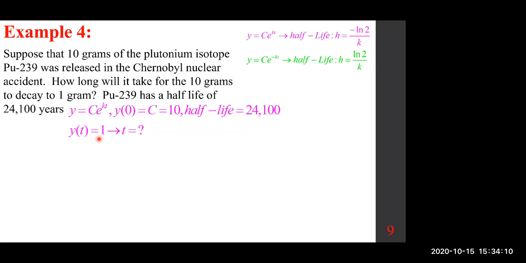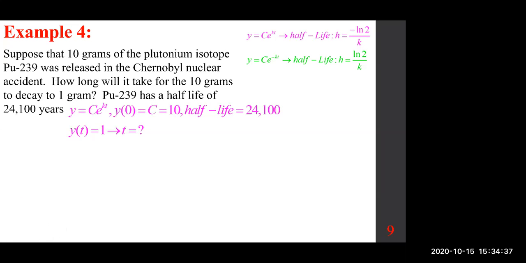The amount becomes 1 gram. So first and foremost, we need to come up with this equation: y equals c e to the power of kt. So we have a choice. We've already done that. We can go through the process of finding k, or take a look at this formula, and I want everybody to see this formula, class.